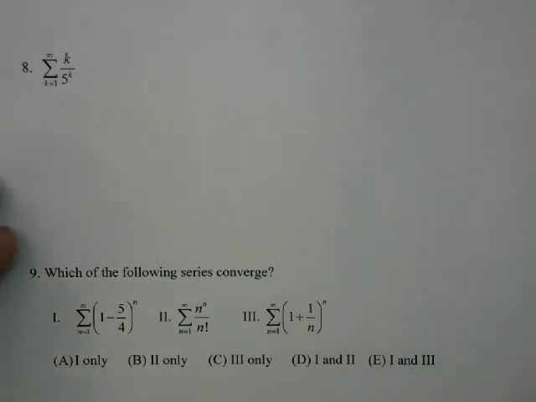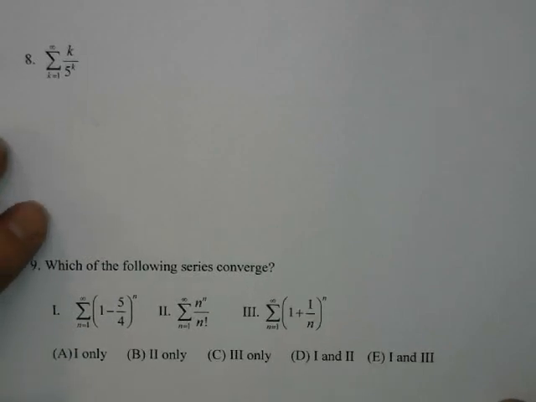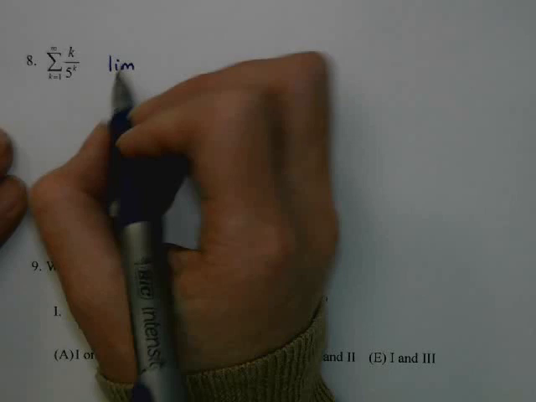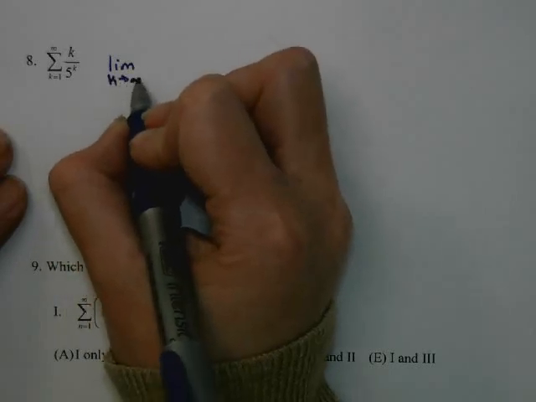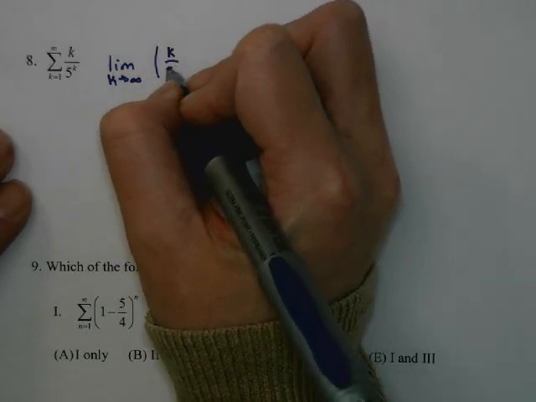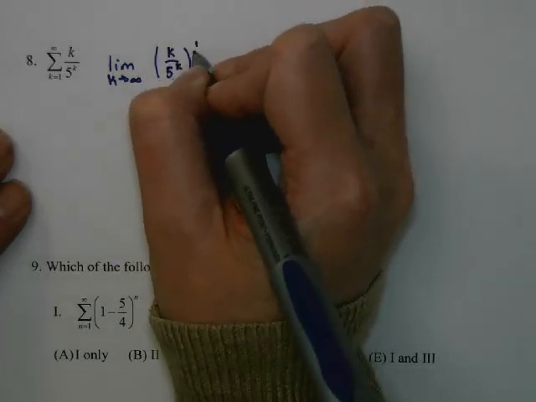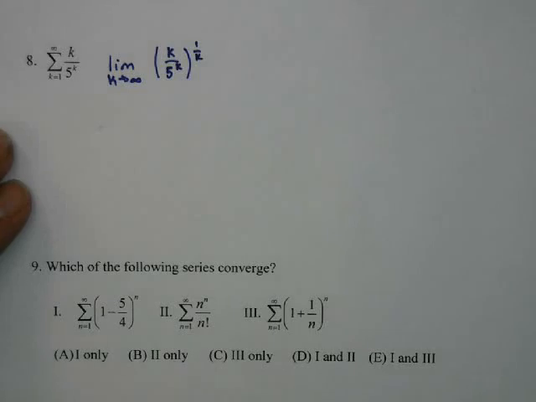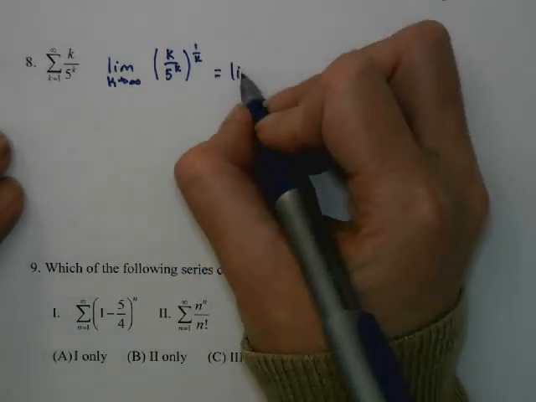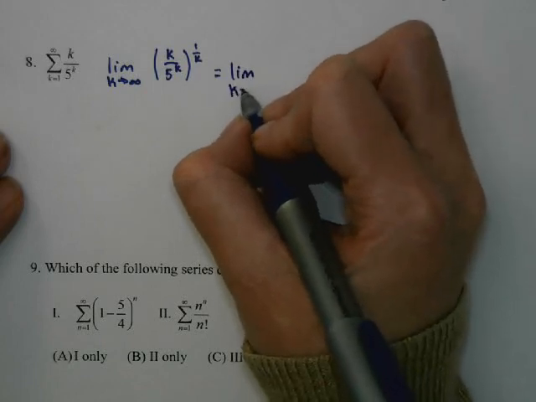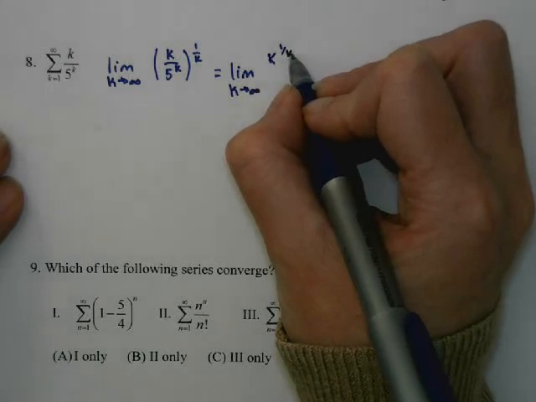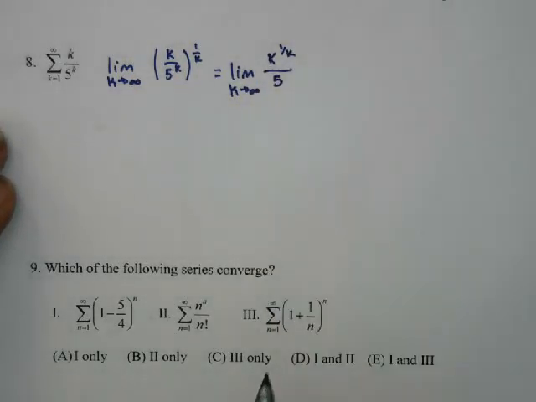Alright, warning, this one's going to be kind of long, so stick with me. I'm going to take k over 5 to the k and raise it to the 1 over k, which is fine for the bottom, but in the top, I'm left with k to the 1 over k.